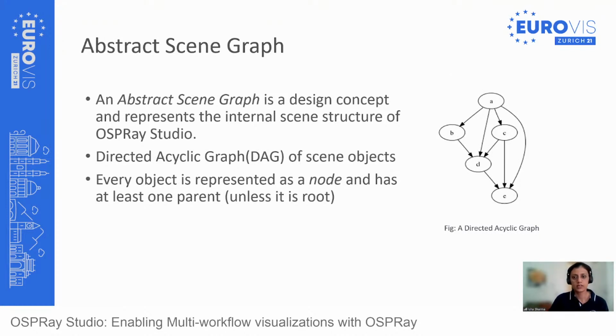A quick detour as to what an abstract scene graph is. An abstract scene graph is a design concept, and it represents the internal scene structure of OSPRay Studio at any given point in time. It is a directed acyclic graph of scene objects, such that every scene object can be represented as a node and has at least one parent, and every node can have multiple children, in a top to bottom parent-child relationship.